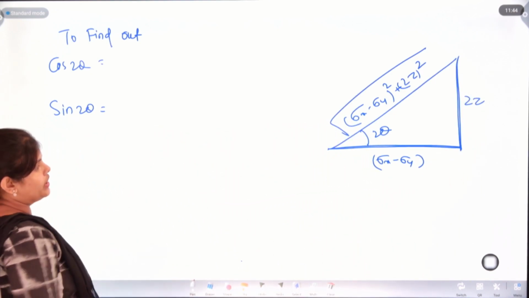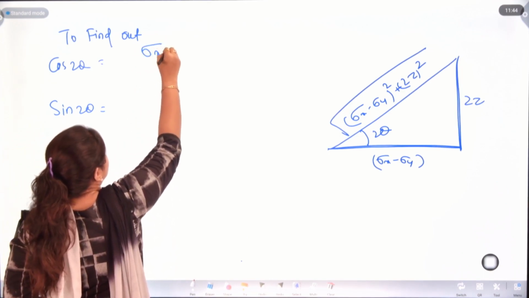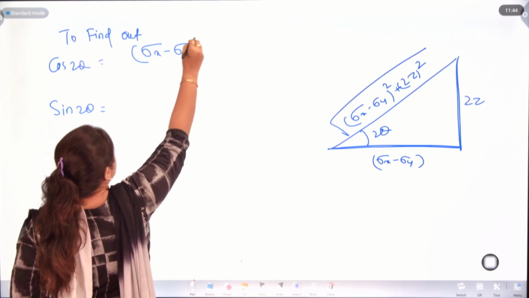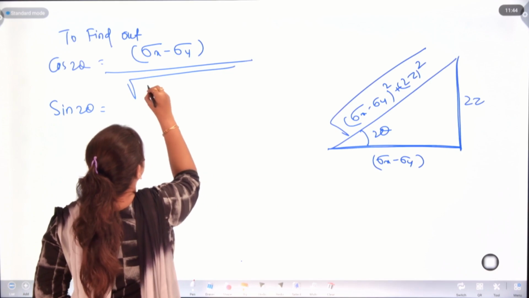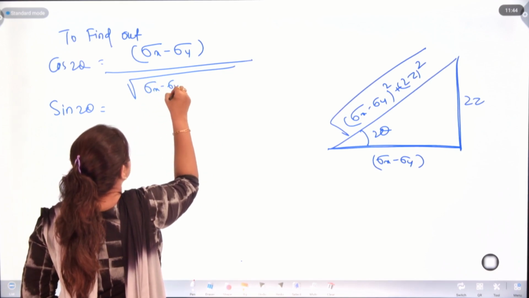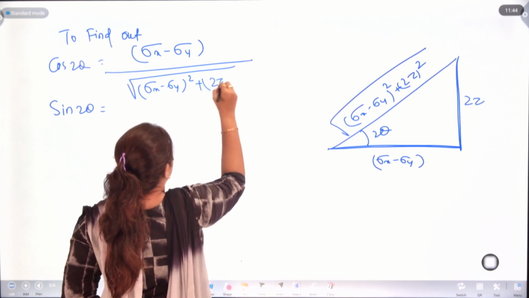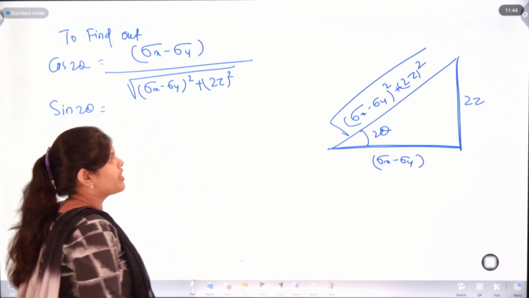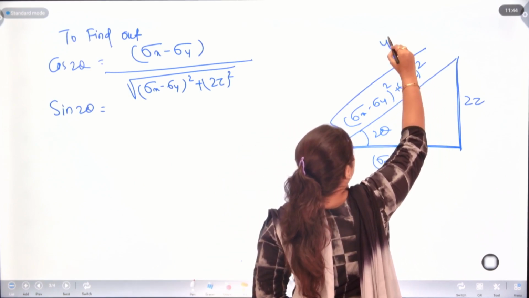So cos 2 theta value will be sigma x minus sigma y upon root over of sigma x minus sigma y whole square plus 2 tau square. Also, we can write this 2 tau square as 4 tau square.